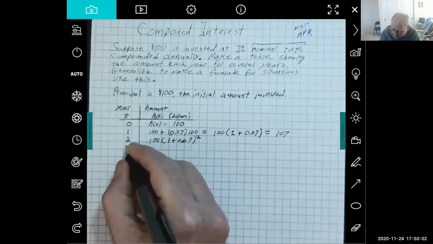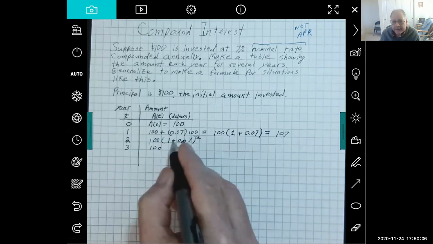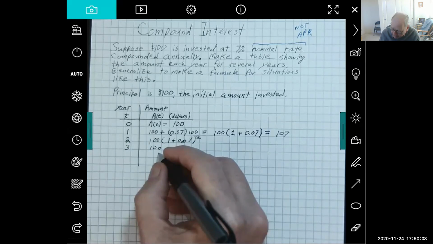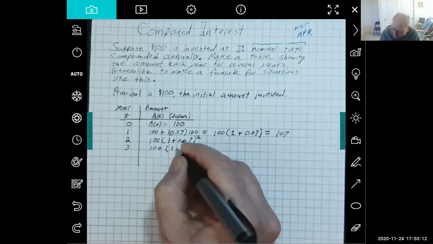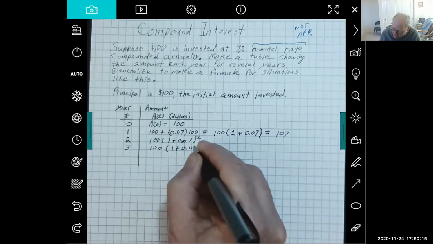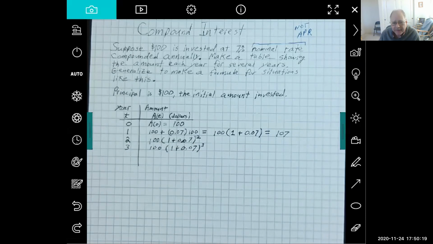And so it goes, you come down to the third year, and you take what you've got at this step, and you multiply by 1.07 again.